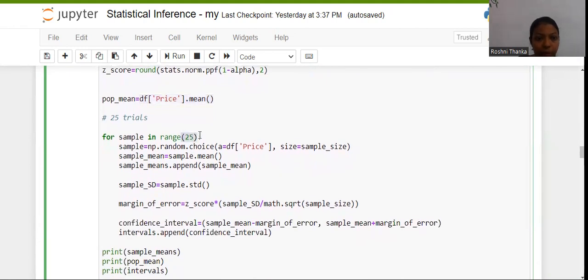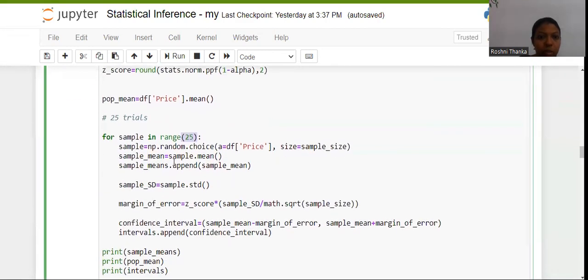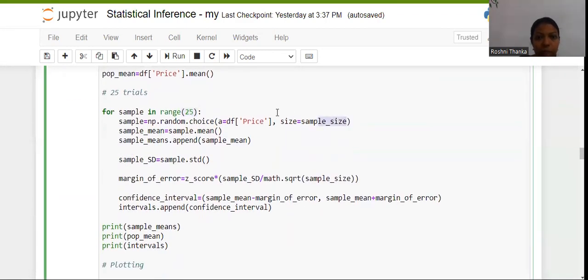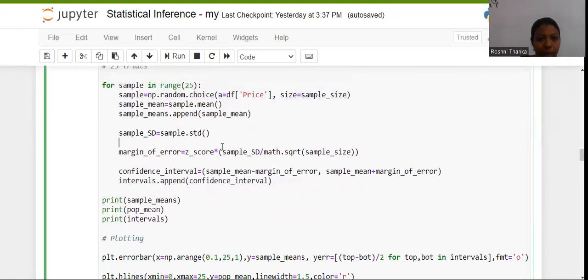Now, 25 times I want to run the same thing which we did here. Same thing only. So first, we want to randomly choose some 500 values. For that randomly chosen sample, we want to find the mean. After finding the mean, I'm going to append it to the sample mean list. And then we want to find the standard deviation.